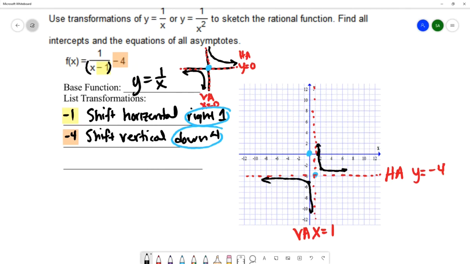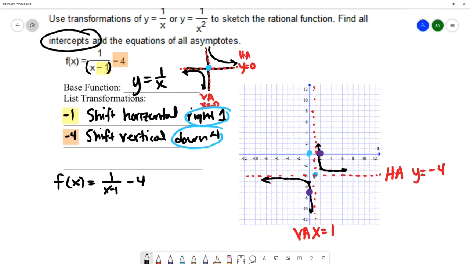So the last thing that we need to do is find our intercepts. And just by visually inspecting our graph, you can see that we're going to have an x-intercept somewhere in between 1 and 2, and we're going to have a y-intercept somewhere around here, but let's find the intercepts algebraically. So remember our function is f of x equals 1 over x minus 1 minus 4.